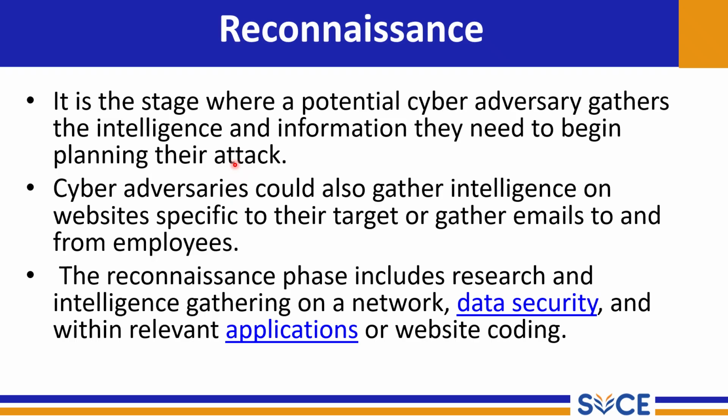Here, during the first stage of the attack life cycle, cyber adversaries carefully plan their method of attack. They research, identify, and select the targets that will allow them to meet their objectives. Attackers gather intel through publicly available sources such as Twitter, LinkedIn, and corporate websites.